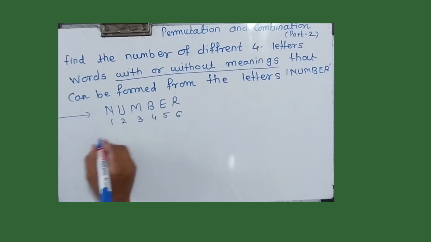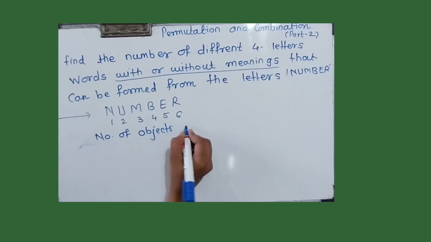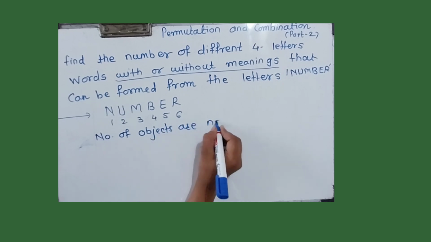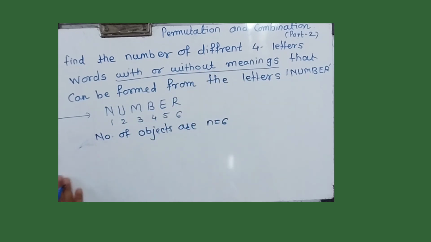So the number of objects is n equal to 6. And what is the condition here? With or without meaning. So we use the second formula here, the permutation formula.